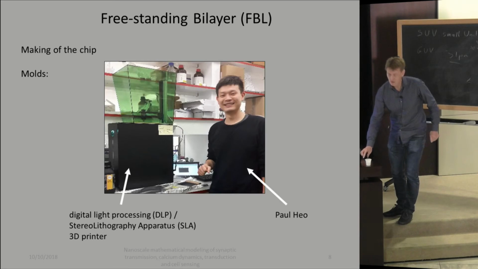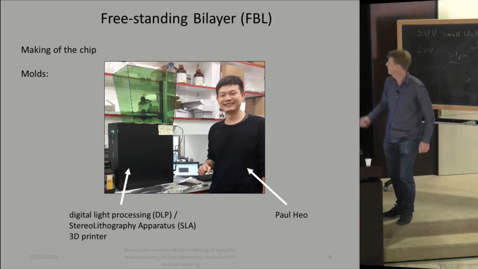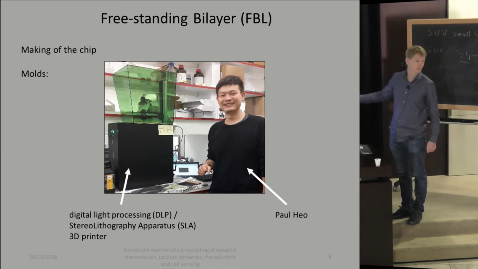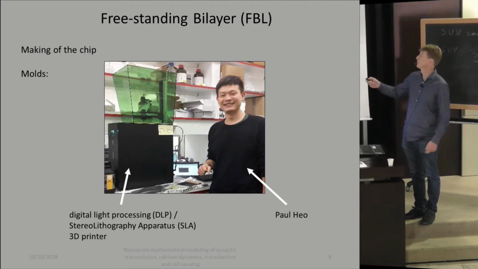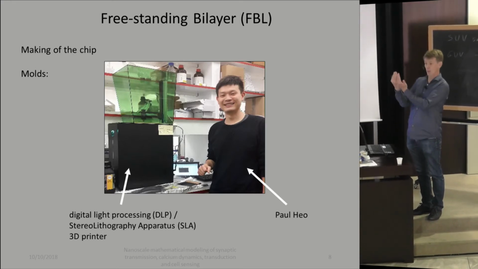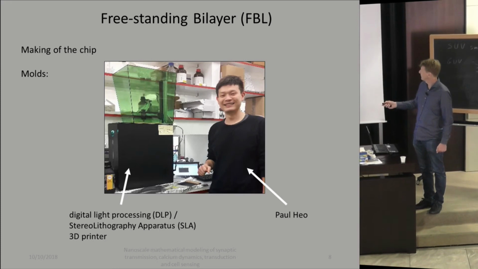The way it works is you have a resin that you put inside the container here. This box is actually just a video projector, like this one, facing up, and the resin reticulates in a thin layer when light comes. I don't know if there's UV in it.